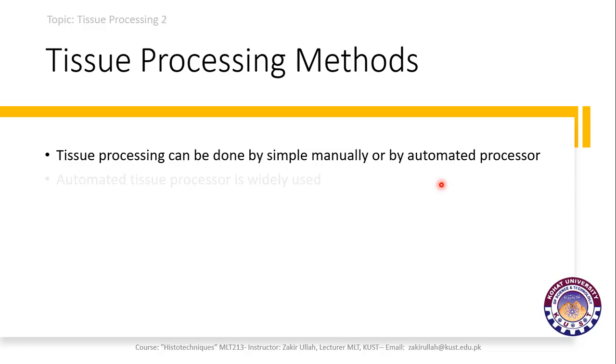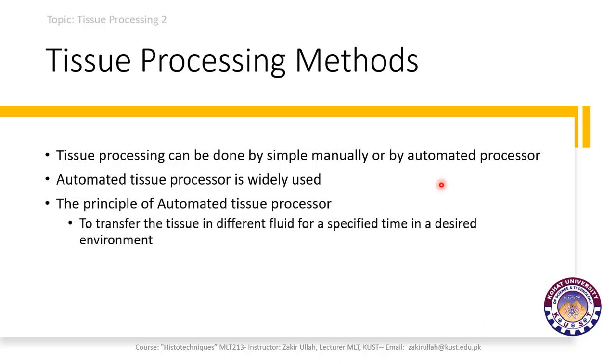Different types of tissue processors are available and widely used, and they are automated systems which change the tissue from one jar to another when they are set and the program is fitted in the machine. The principle of the automated tissue processor is to transfer the tissue in different fluids for a specific period of time, in a specific and desired environment.